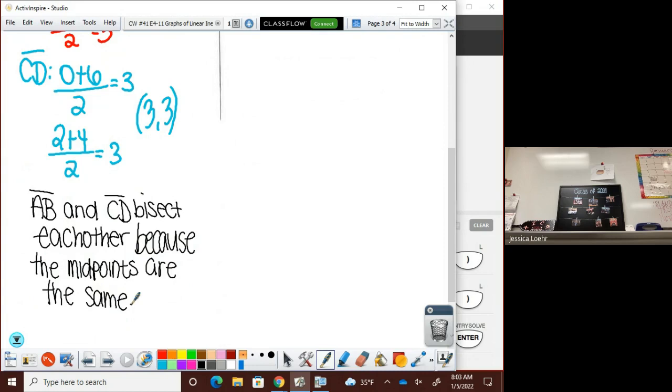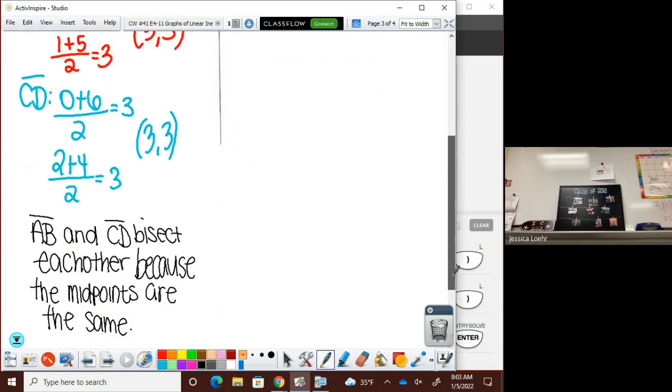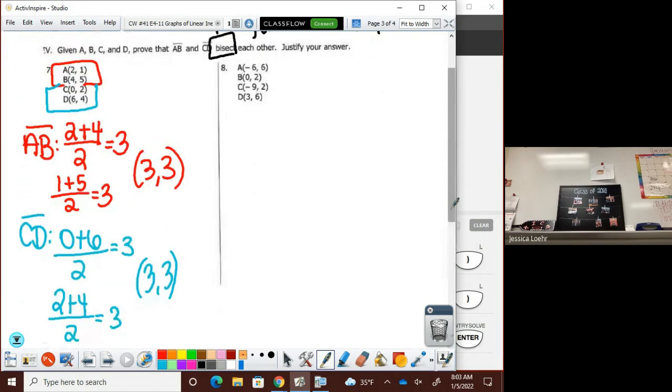Try the next one. You're proving the same thing. AB and CD bisect each other because the midpoints are the same. So find the midpoints.